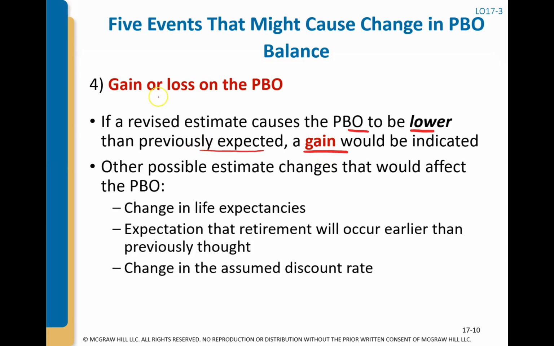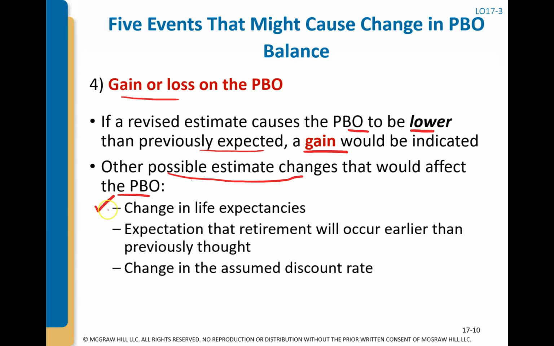So in this example, we talked about a change in estimate to the ending final salary. Whenever you have a change in estimates that affect the PBO, this is when you have this gain or loss that gets recorded to other comprehensive income. But here are some items that would change the estimates.